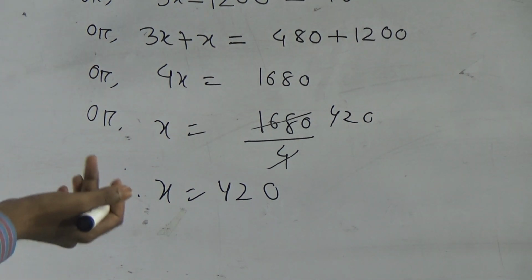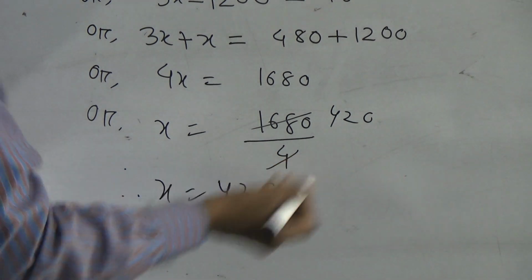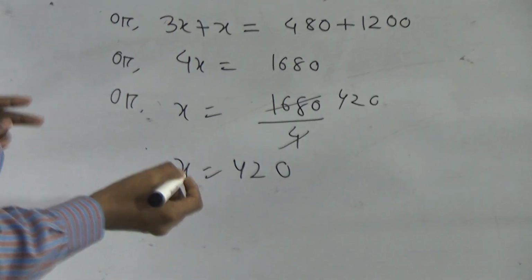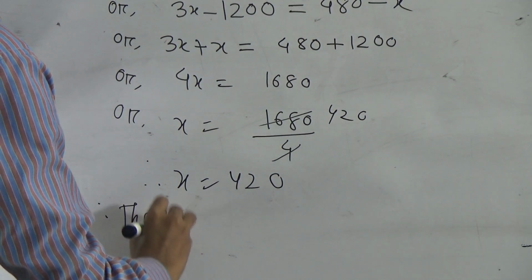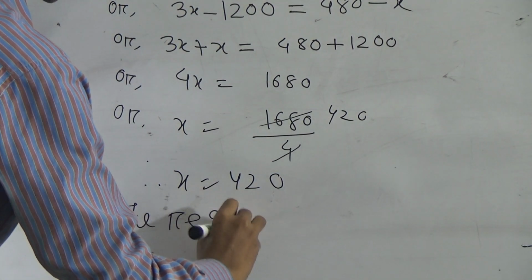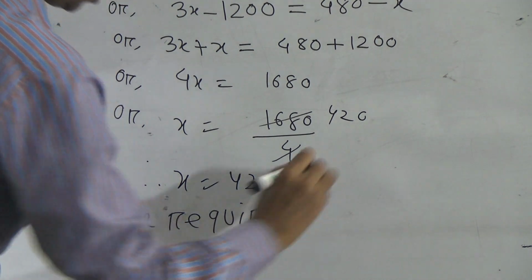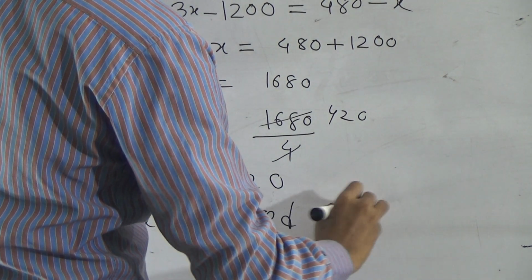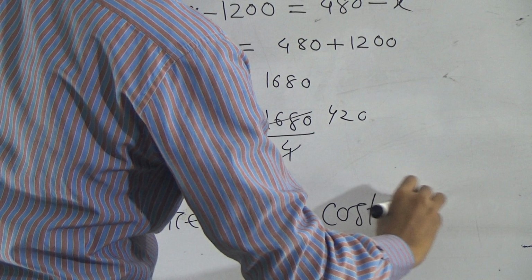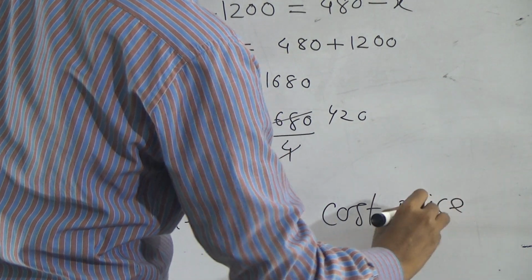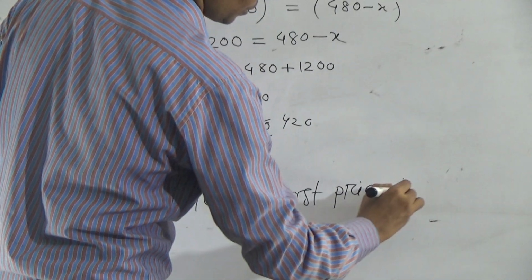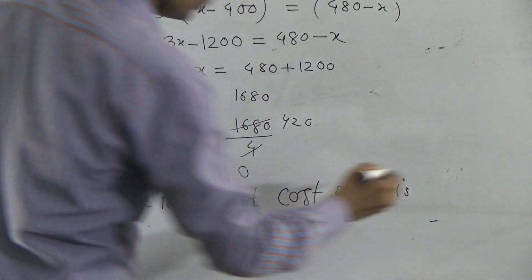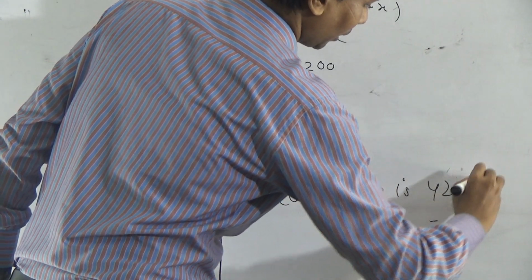Cost price means x, so this is our required result. Now we write: therefore, the required cost price is 420 taka.